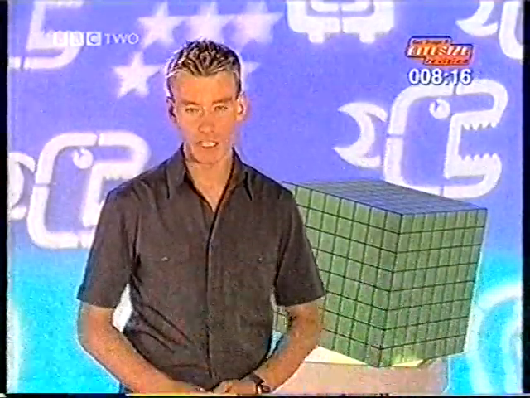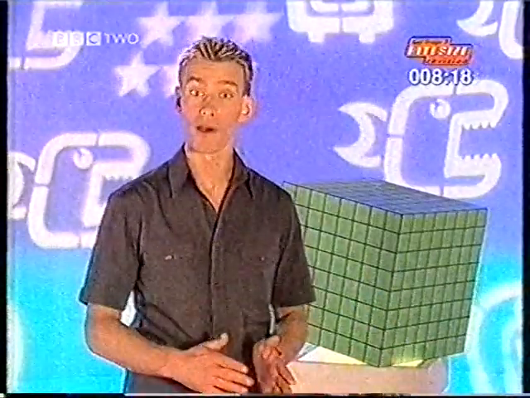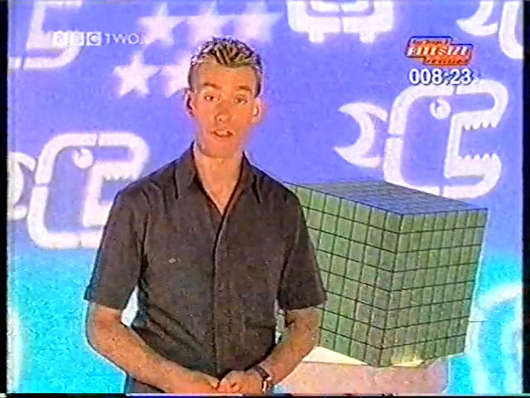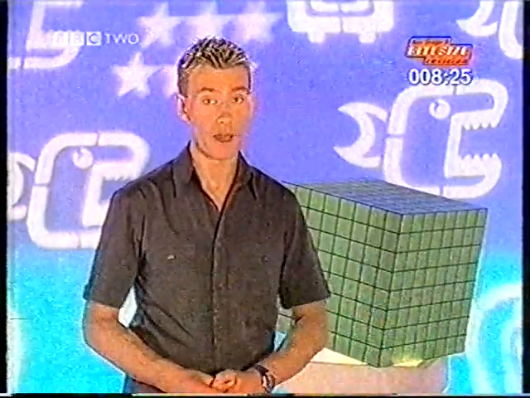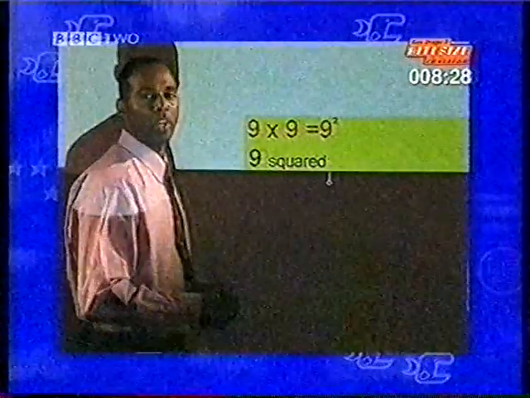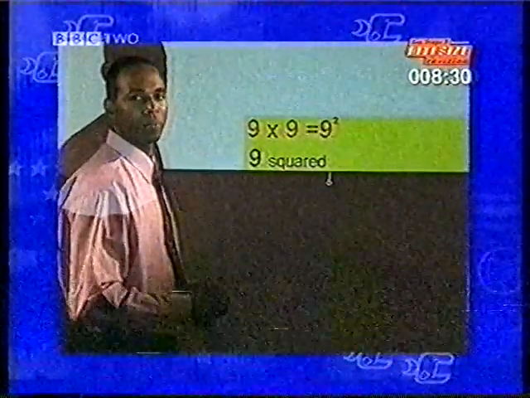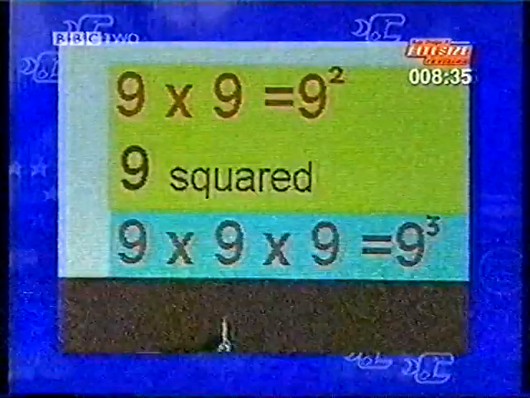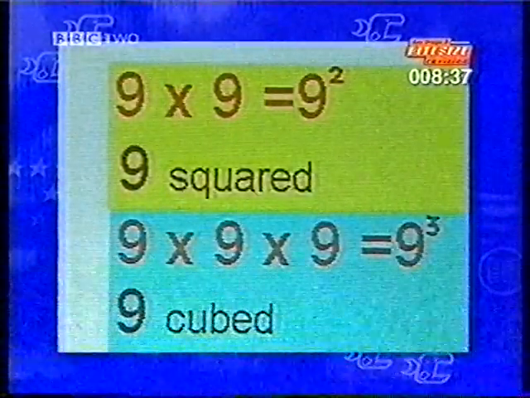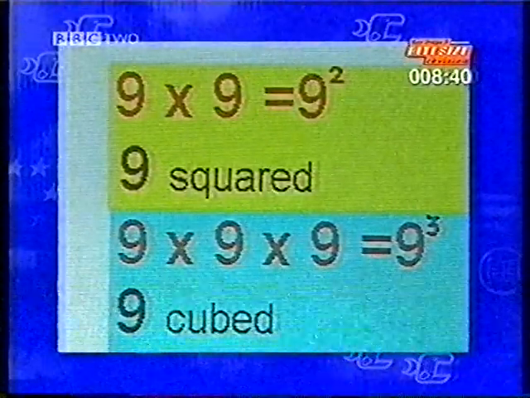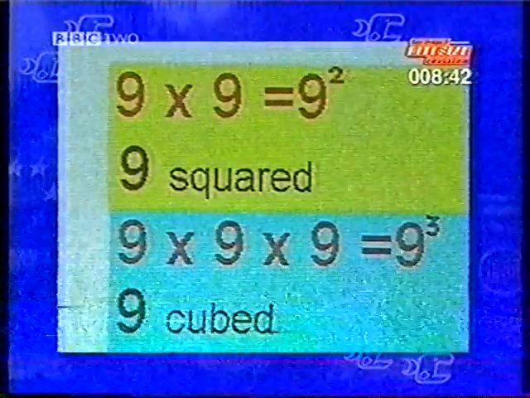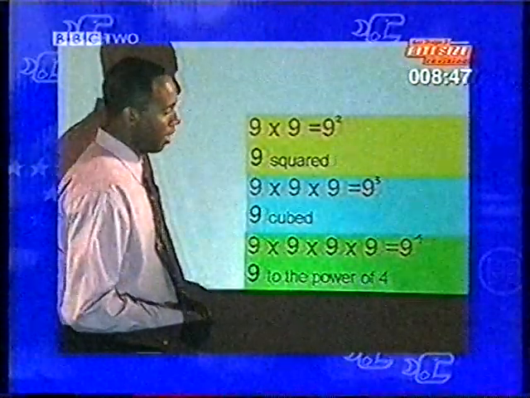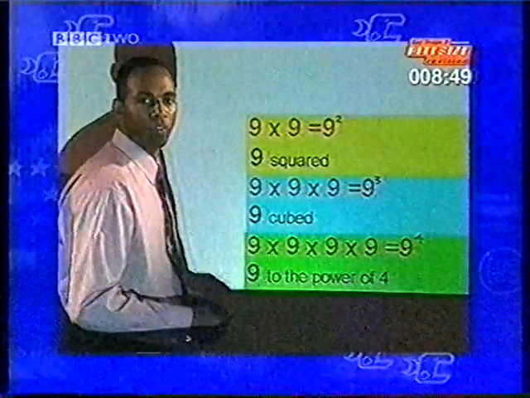So index notation is a kind of shorthand with that power or index number telling us how many times we're multiplying a number together. This system goes beyond squares and cubes. We already know about 9 to the power of 2, which is 9 squared, or 9 times 9. 9 to the power of 3 is 9 times 9 times 9, or 9 cubed. 9 times 9 times 9 times 9 can be written 9 to the power of 4.